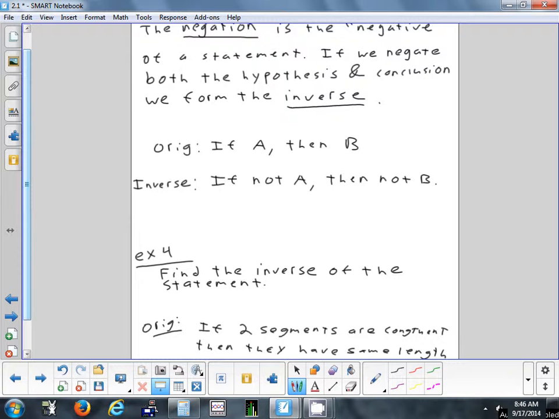So I'm going to take the same example we had last time. If two segments are congruent, then they have the same length. And I want to find the inverse of that statement.